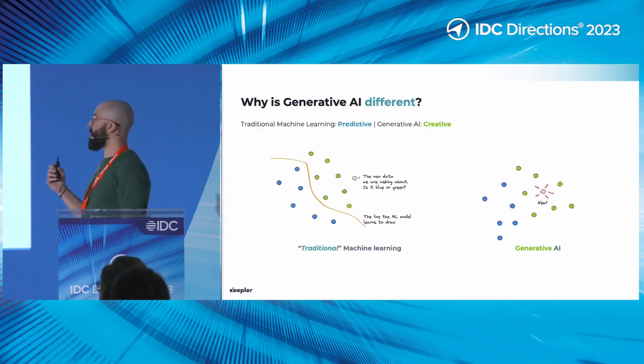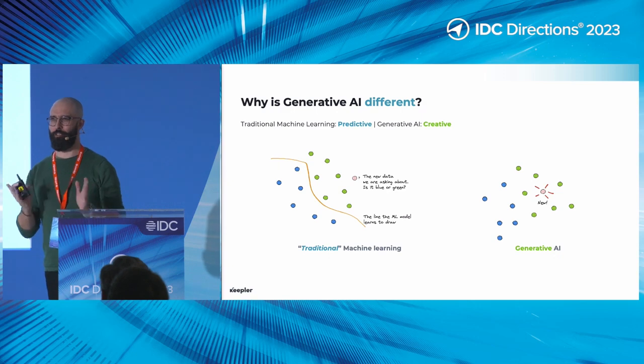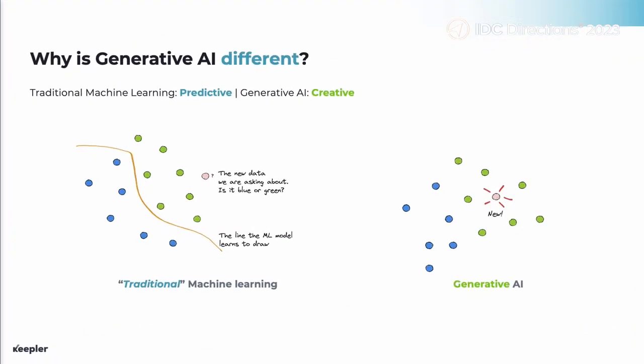Now, the difference between generative AI and traditional AI, and I don't like to call it traditional, but I cannot find another better term. If any one of you have an idea, please tell me. The difference is the goals those models generally have. You could say that in traditional AI, and this is a huge oversimplification, by the way, the model tries to learn how to draw the line that separates the blue balls and the green balls.